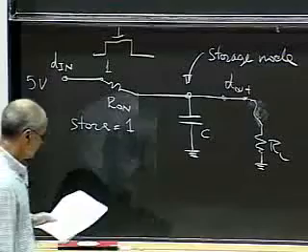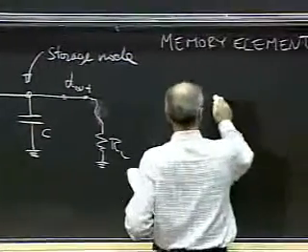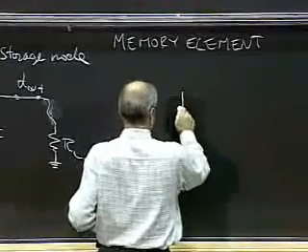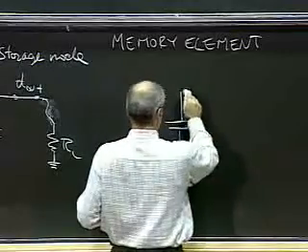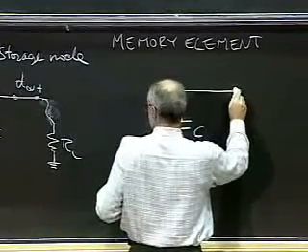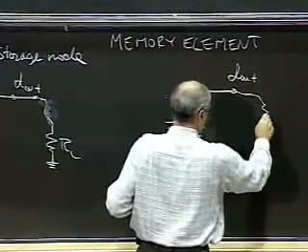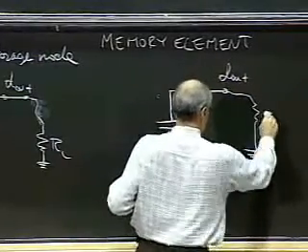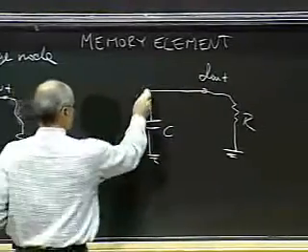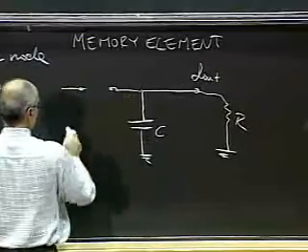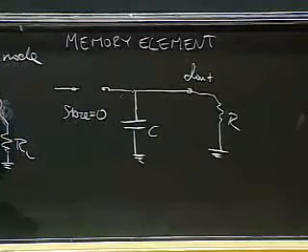Now what is the situation for store equals 0? It's very simple. We have the capacitor C, and the out, and here we have our resistance. The switch is open. This is store equals 0 condition.